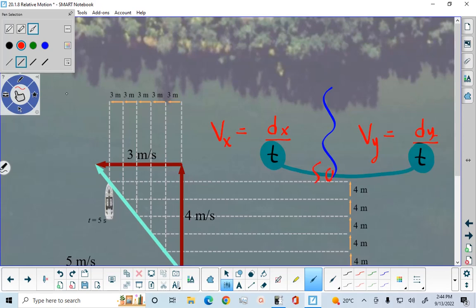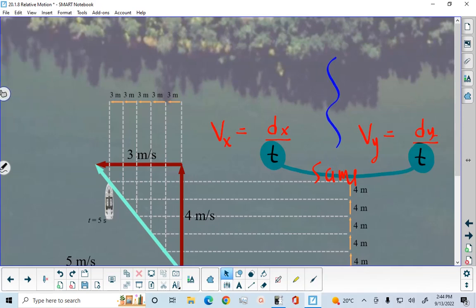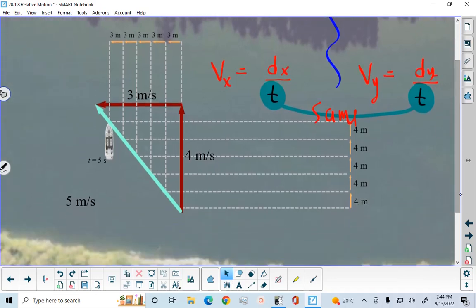We can talk all we want about horizontal motion occurring independently of vertical motion and vice versa, but the fact of the matter is the boat does not travel 4 meters north, then 3 meters west, then 4 meters north, then 3 meters west. It's doing that at the same time.